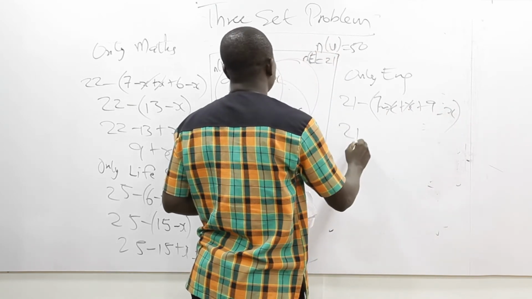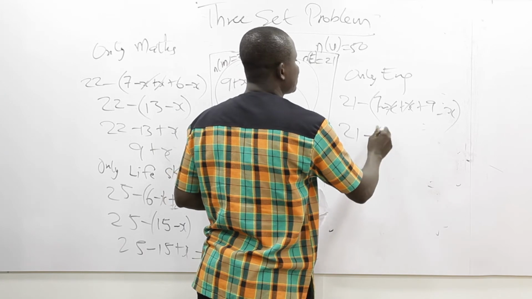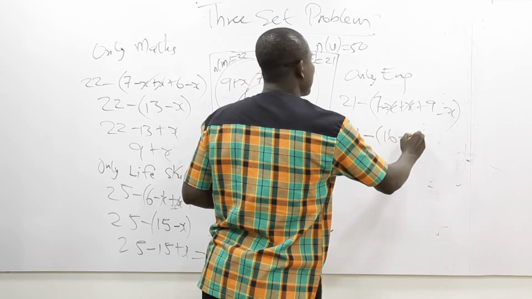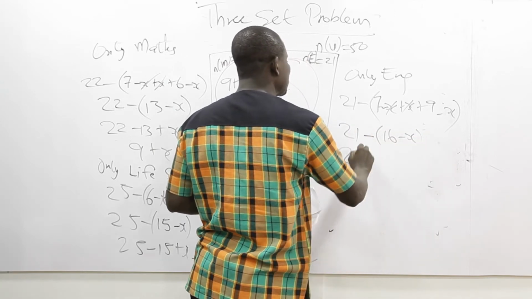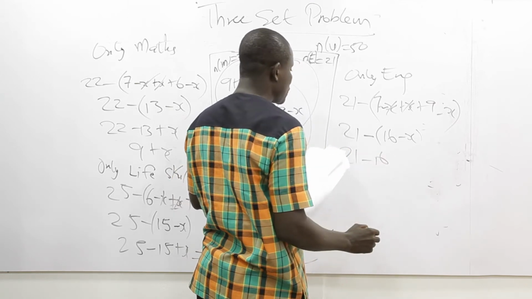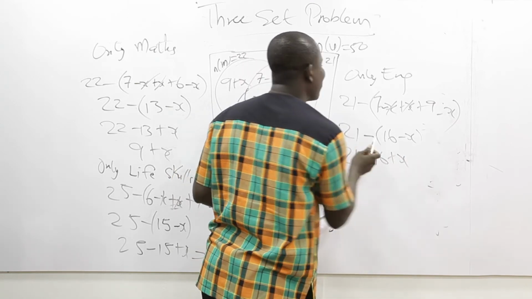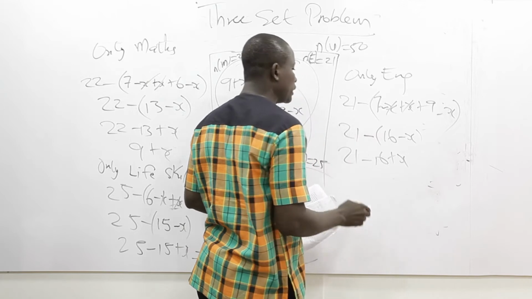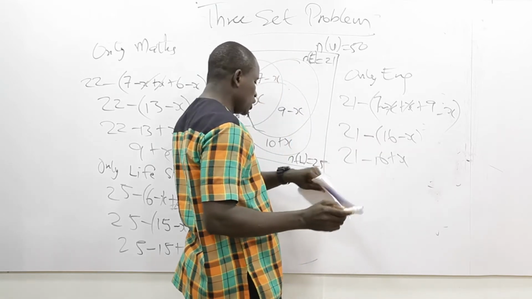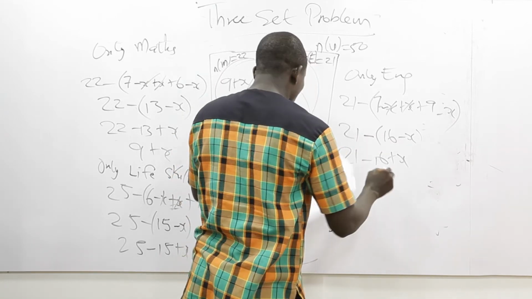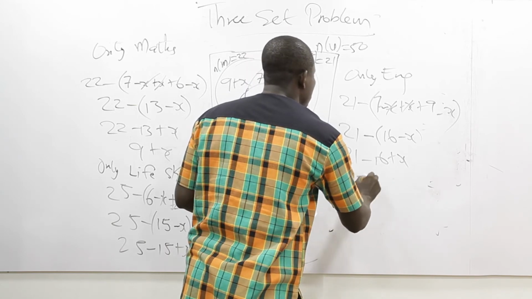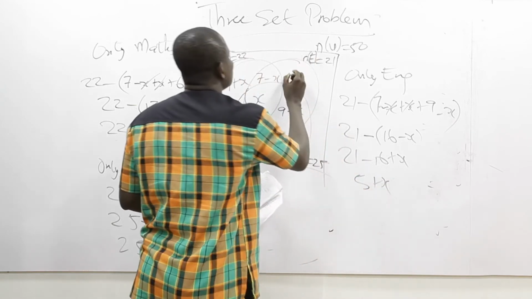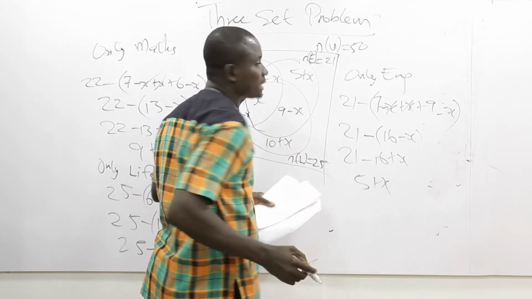So we have 21 minus, in bracket, 16 minus x. So it will subsequently be 21 minus 16, then plus x. Remember that minus and minus tends to be plus. So here it becomes 5 plus x.